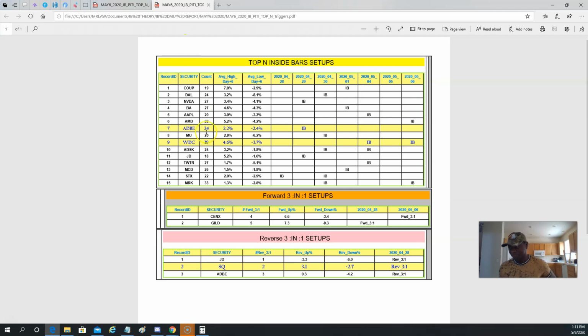So in summary, we introduced two types of alerts. The more frequent one is the inside bar, where we showcased the Western Digital trade, and the less frequent one is this reverse 3-in-1. The forward 3-in-1, you have seen already in a couple of videos, I think 2 weeks ago.